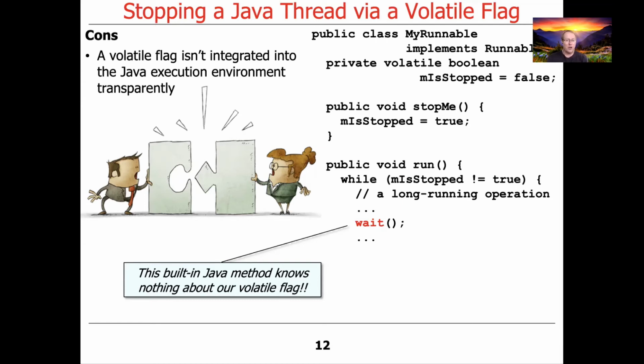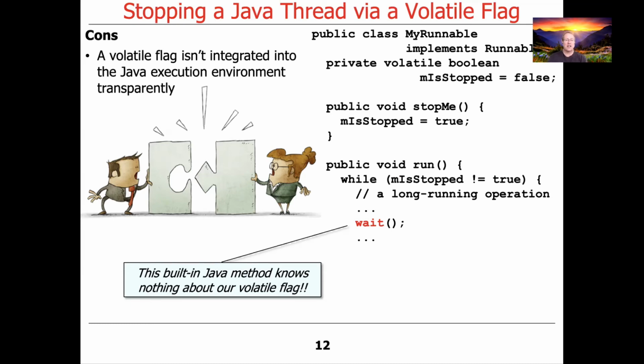For example, if we were to do a call like a wait call, which, you recall, moved us into the waiting state of the thread from our earlier discussion of the Java thread state machine, then the Java wait method knows nothing whatsoever about this flag called m is stopped. So we can be setting m is stopped all day long, but if this thread is blocked in a wait, it's not going to wake up because it knows nothing about our volatile flag.